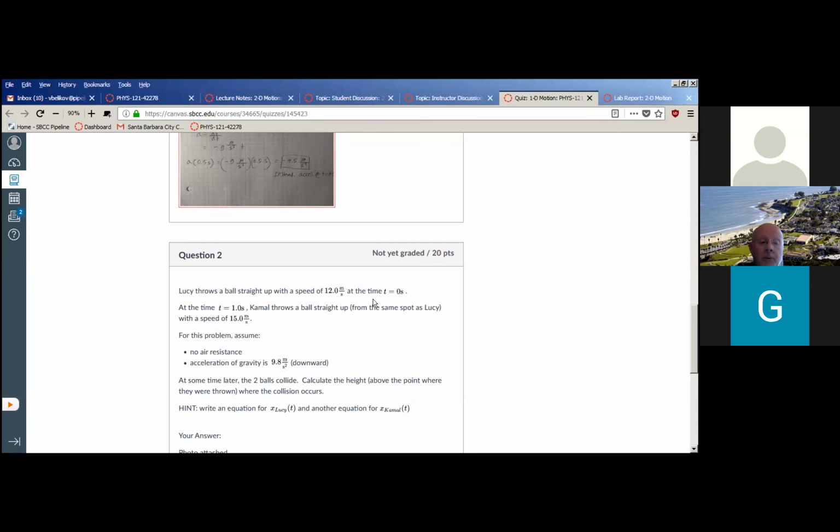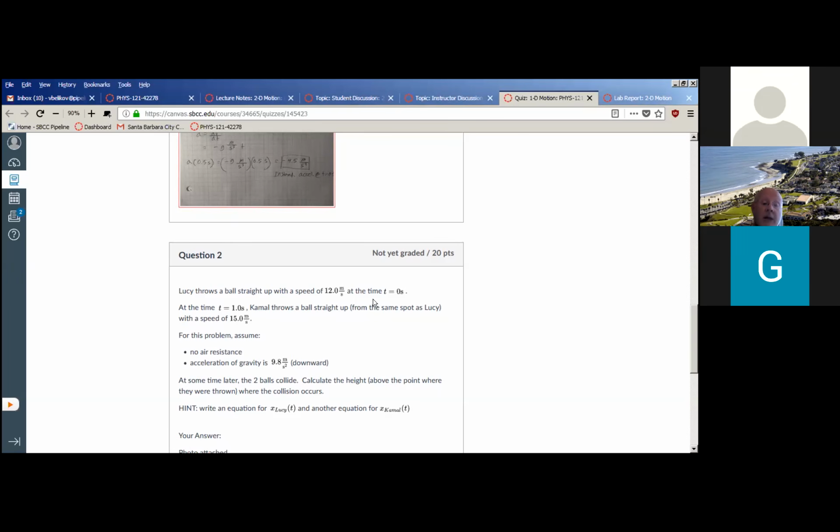Oh, okay, so this is another person, who throws a ball straight up from the same spot as Lucky. Okay, that's good to know. So 1 second later, Carmel throws it at 15 meters per second. This over here is Lucky.